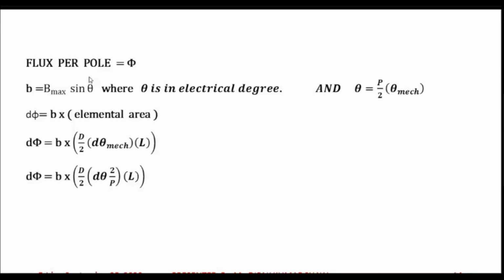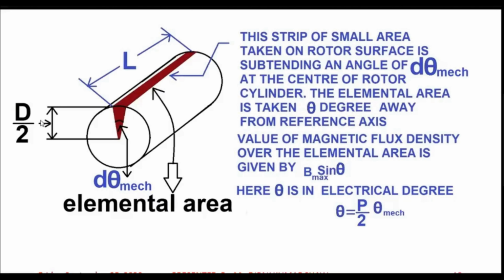But if I want to know what is the flux which is encountered by this small strip on the rotor surface, it is nothing but d phi. Now what is the value of d phi? Flux is what?